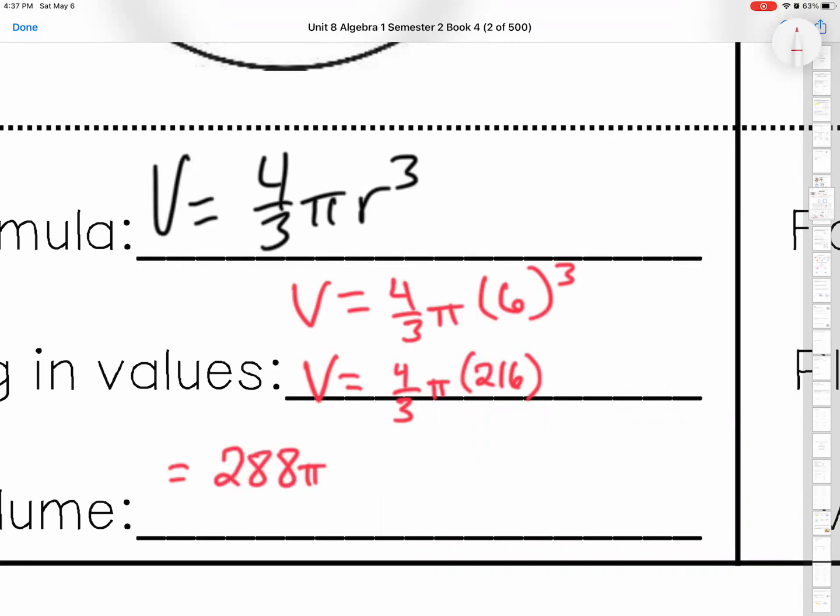So again, in the calculator, it would be 4 times 216 divided by 3. And that's how we get that 288 pi. And that would come out to be 904.8. Okay.